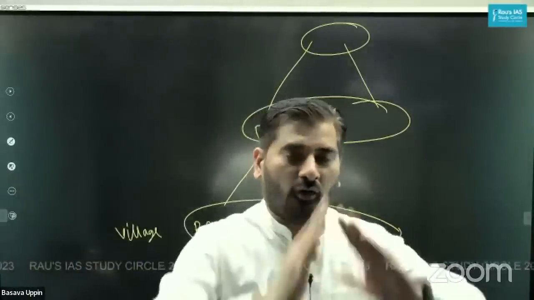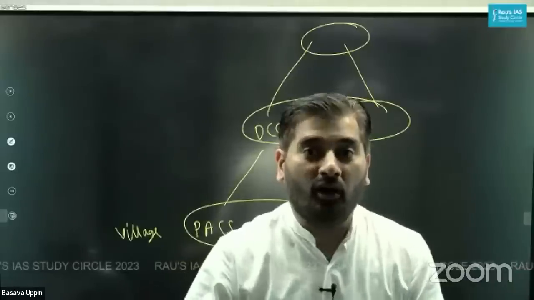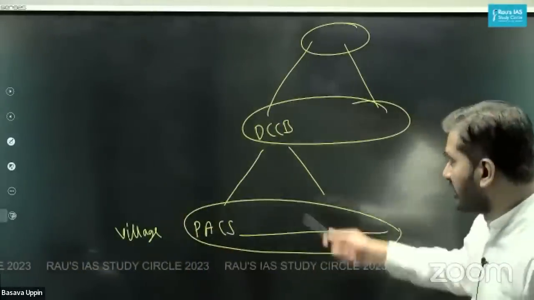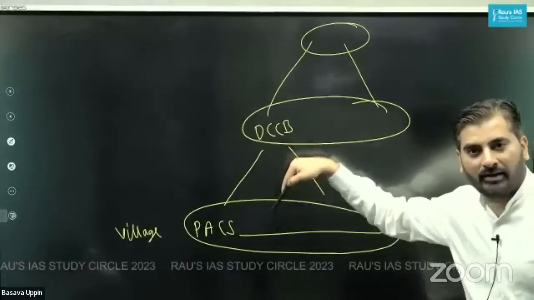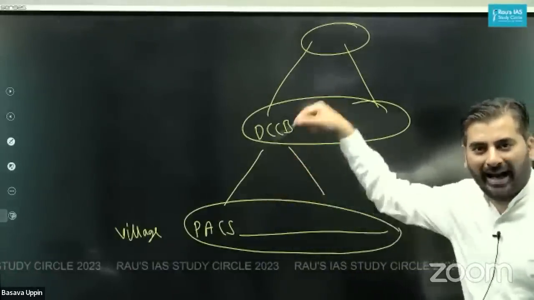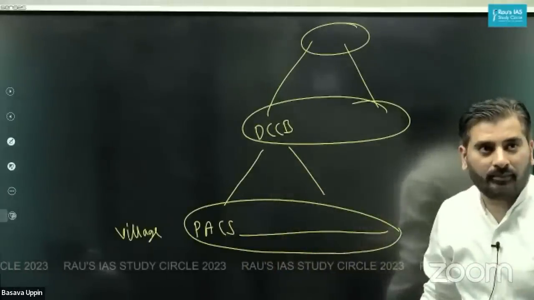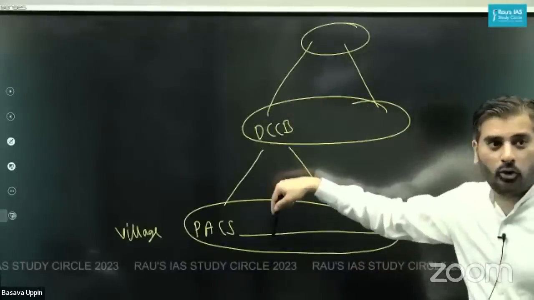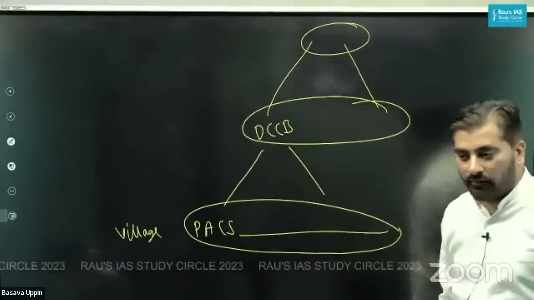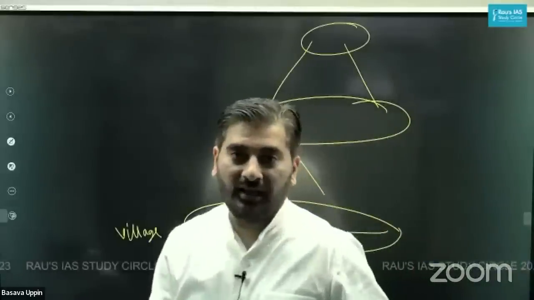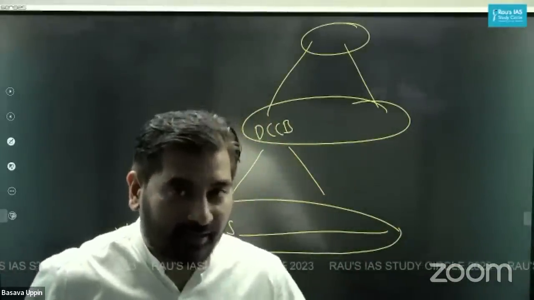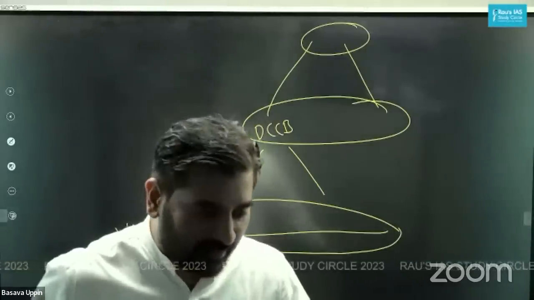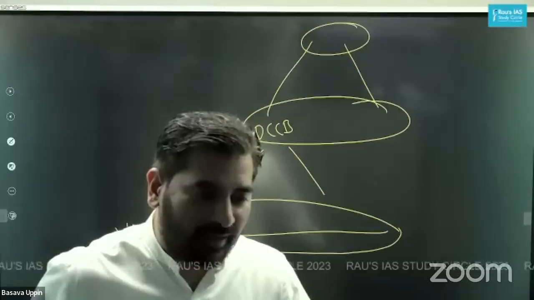Just like that, we want to create a kind of a pyramid of SHGs. Why is it important? Can I say the SHG at the higher level can provide credit support, financial support, hand-holding support to SHG at the bottom level? So one SHG at a higher level will be able to support the SHG at the lower level. So that is a kind of a bottom-up model which we are trying to replicate as far as SHG movement in India is concerned. It's a significant development, which is quite important as far as women empowerment is concerned.